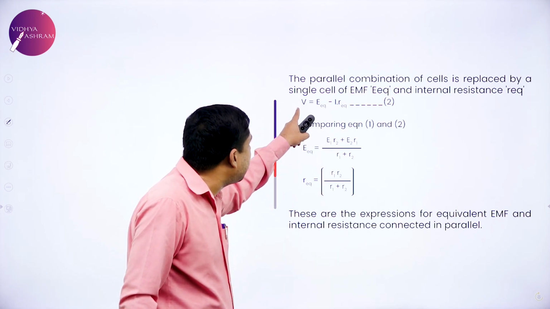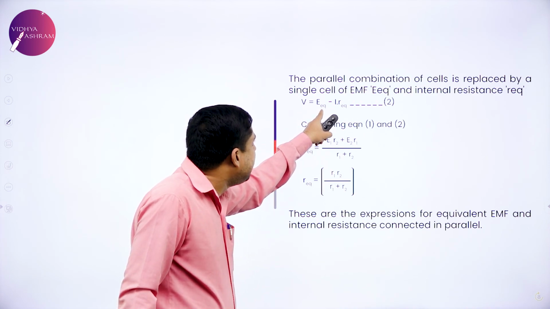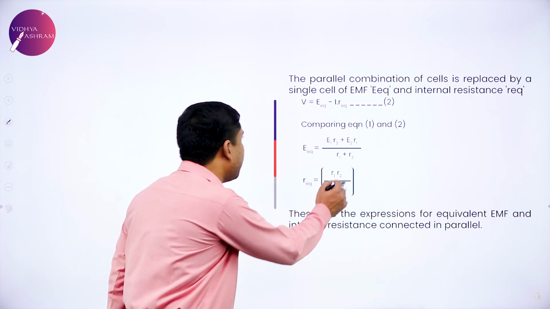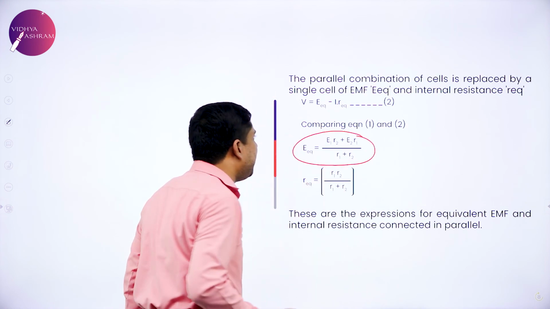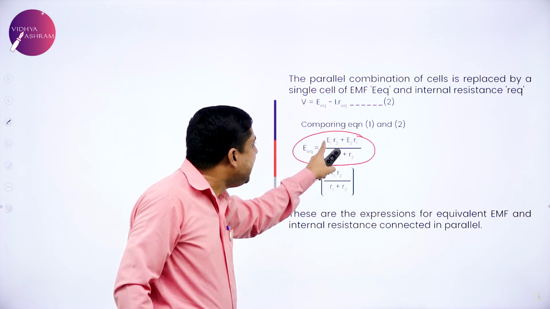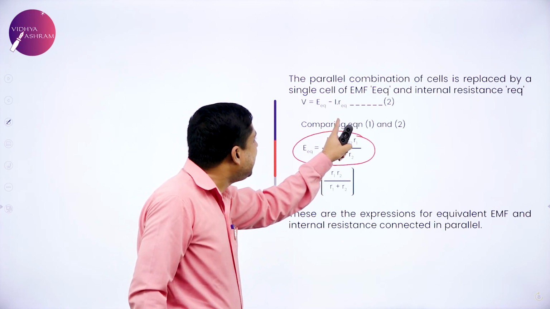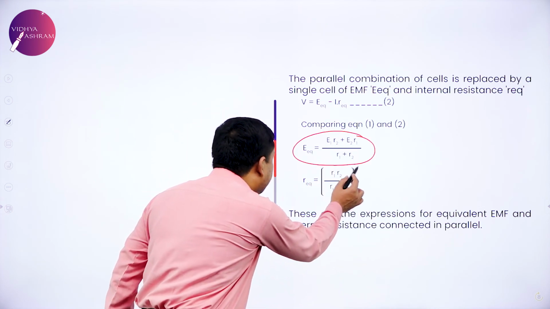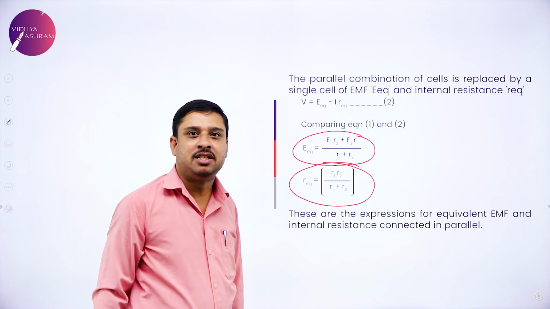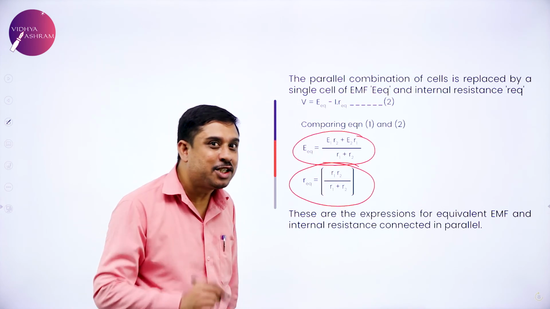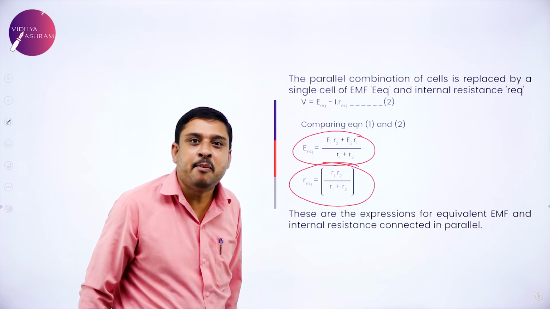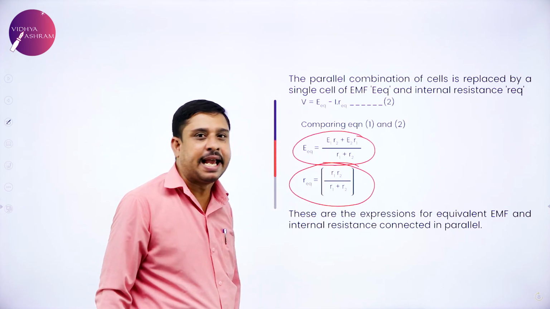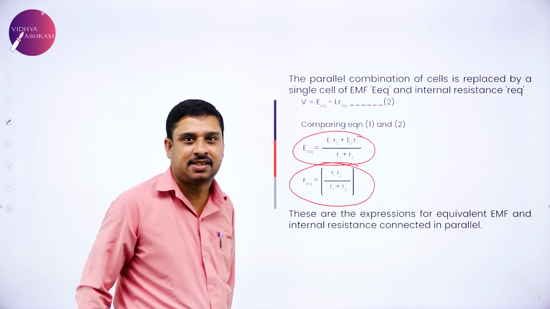So for that equivalent cell, again V equals E_eq minus I R_eq. Comparing equations 1 and 2, the equivalent EMF is given by (E1 R2 plus E2 R1) divided by (R1 plus R2), and this gives me the equivalent internal resistance. Dear students, this is the same form as for two resistors connected in parallel, hence establishing the parallel nature of the cells.